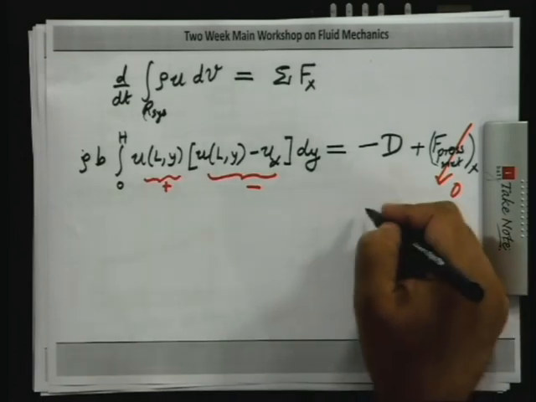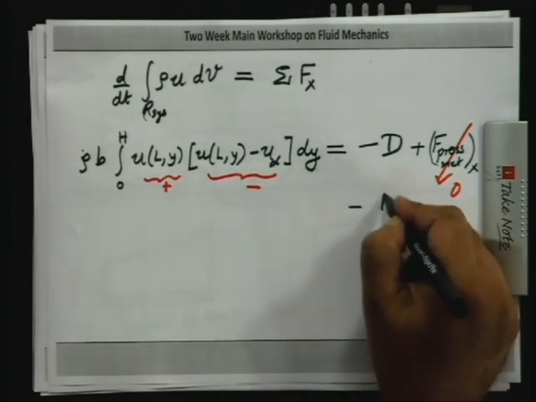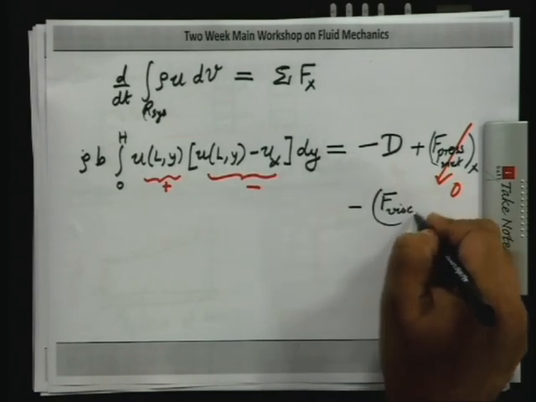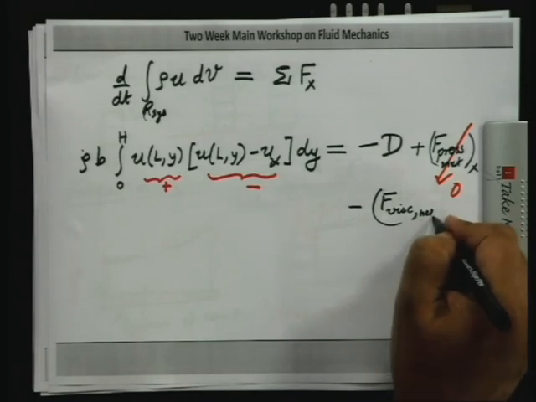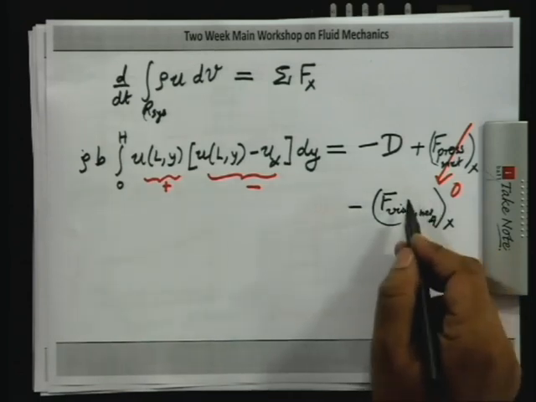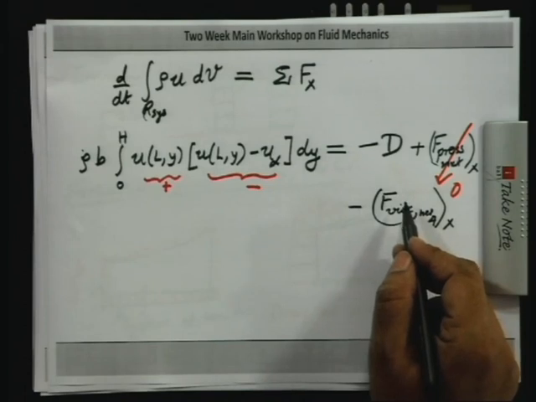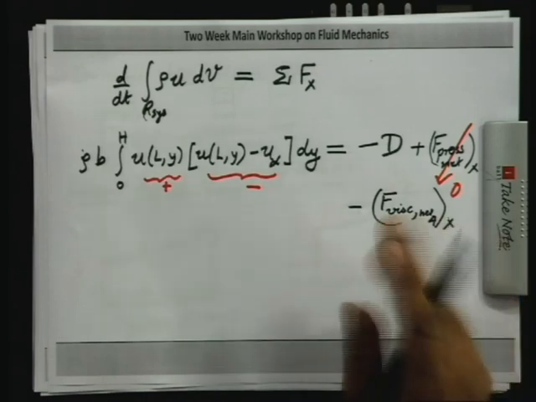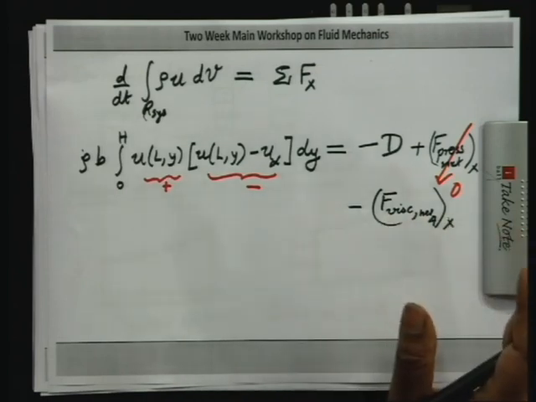And then you are also going to have a viscous force net on surface 4 in the x direction. So, this will come from the shear stresses acting on the surface 4, and of course, since we want the net force in the x direction, you also have to take the appropriate component of that.